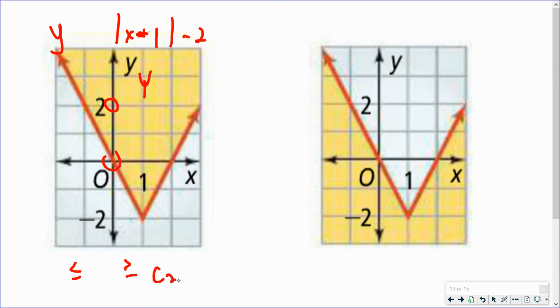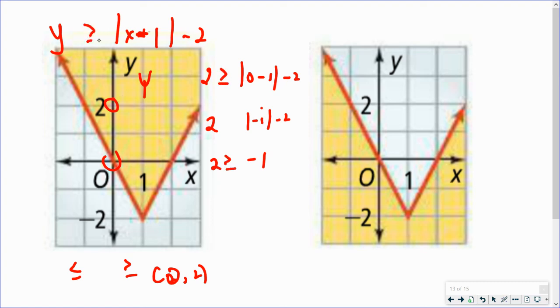So let's put a 2 in for y, and a 0 in for x. Now this is the absolute value of negative 1, minus 2. The absolute value of negative 1 is 1. So this is 1 minus 2, negative 1. I want this to be true, so greater than or equal to.